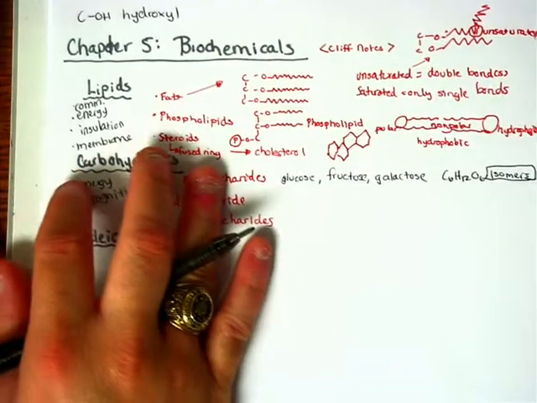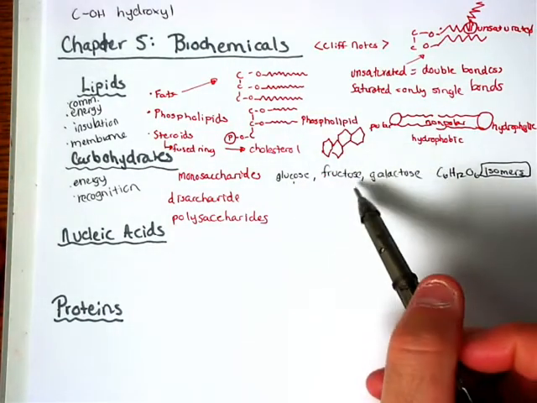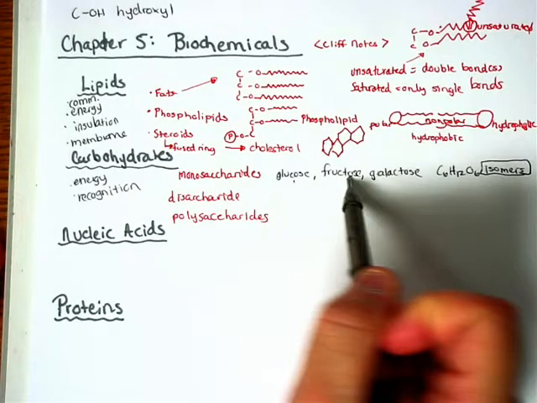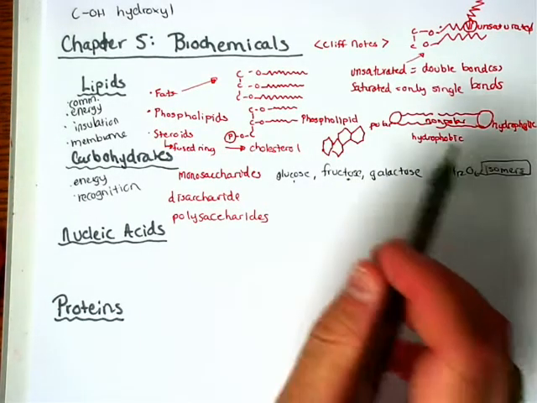The same formula but just different structure, which means it has different properties. Like for instance, your body can break down glucose very quickly, but it can't fructose, which is why if you have a lot of fructose intake, then you'll put it on as fat because your body's unlikely to break it down.